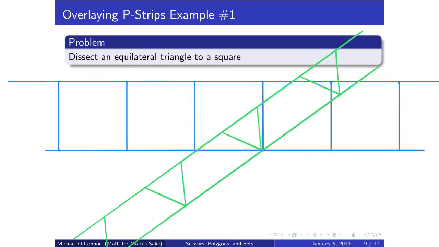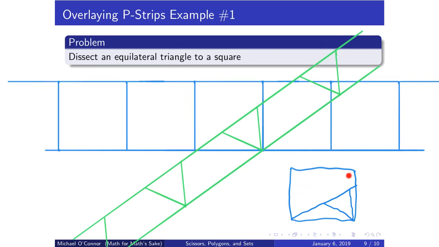maybe I should draw something. So we have a square. This part here is dissected by this intersection. So this is something like this.